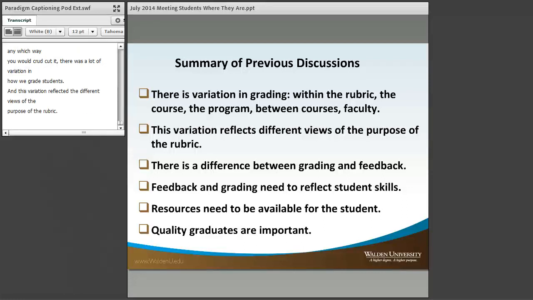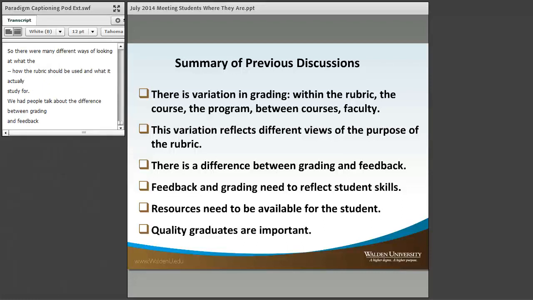There were many different ways of looking at how the rubric should be used and what it stood for. People talked about the difference between grading and feedback, for example, and how the rubric in some programs is really good for giving a grading structure, but it doesn't provide a good platform for feedback. In other programs, there was a more explicit platform for feedback built in along with the grading.